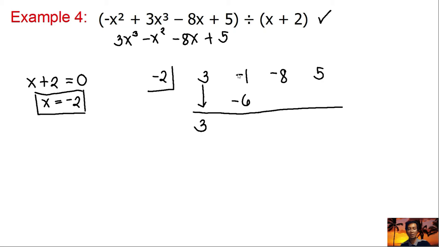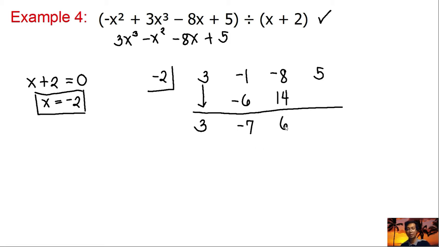Negative 1 plus negative 6, that is equal to negative 7. Next, times ulit. Negative 7 times negative 2, that is positive 14. Okay? Next, add ulit. Negative 8 plus 14, that is equal to positive 6.